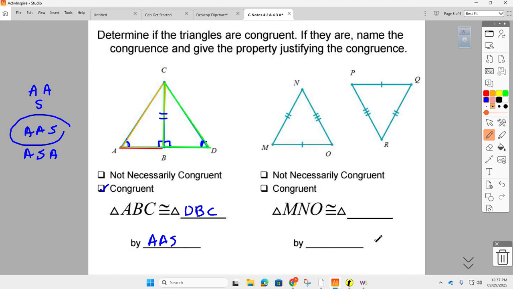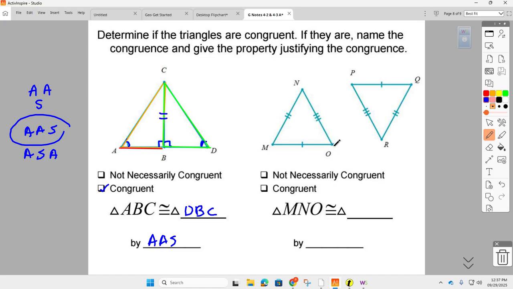So side PR is congruent to side, which one? I lost it. The PR. So PR here. We go from the 1 dash side down to 3. So we're going to go with ON, right?